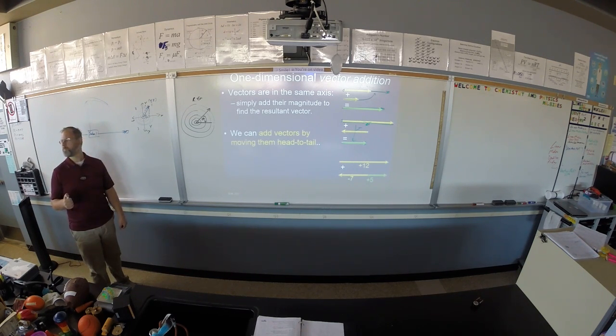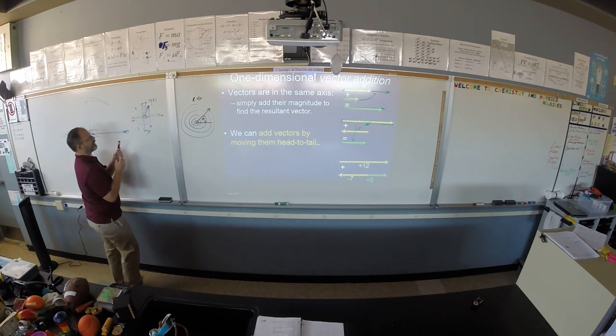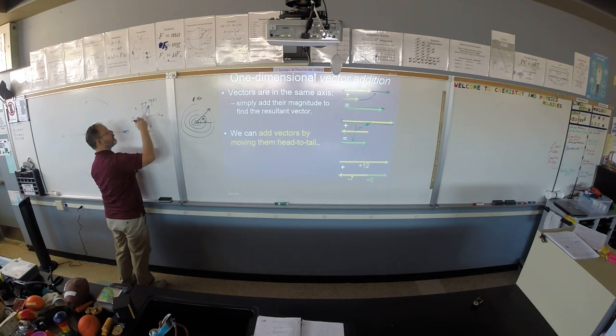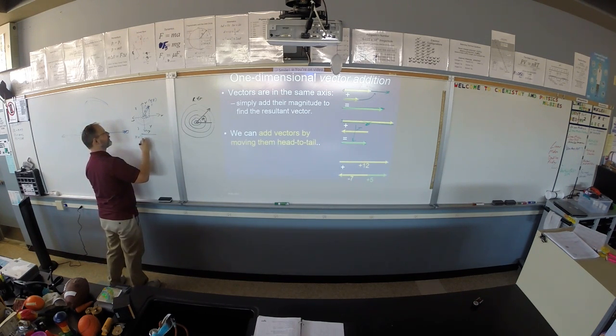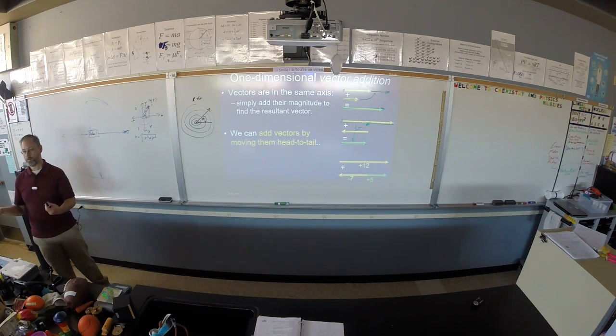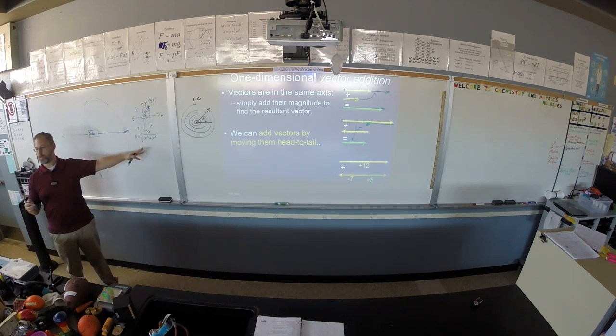You remember the Pythagorean theorem? A squared plus b squared equals c squared. So I'm going to label this h for hypotenuse. The length of the h is the square root of the x squared plus the y squared. The length of the hypotenuse, that's the c, is the square root of the 2 legs squared.